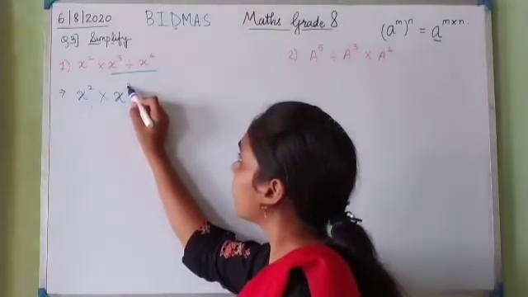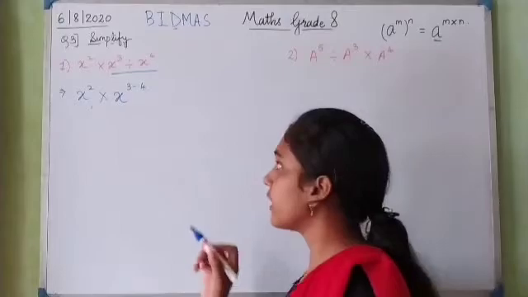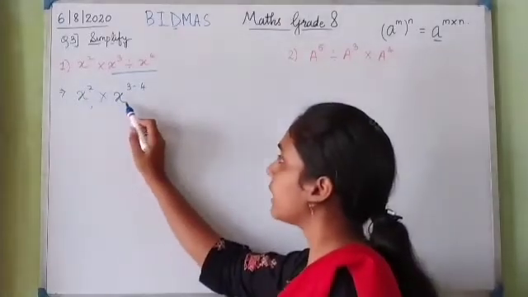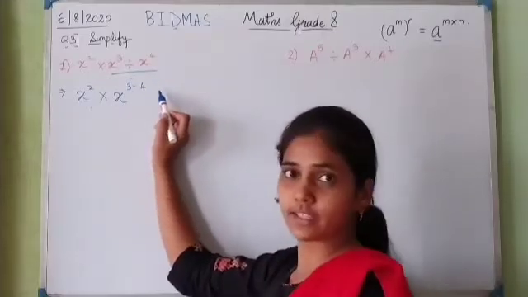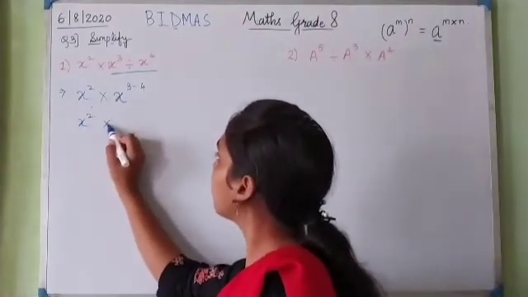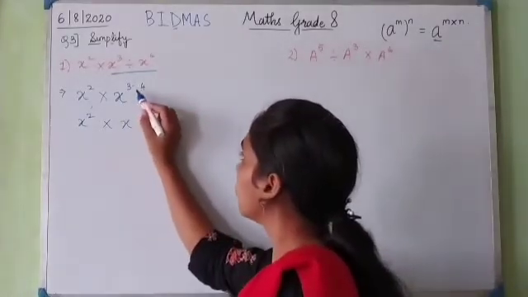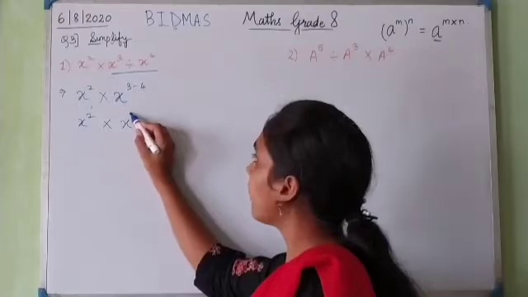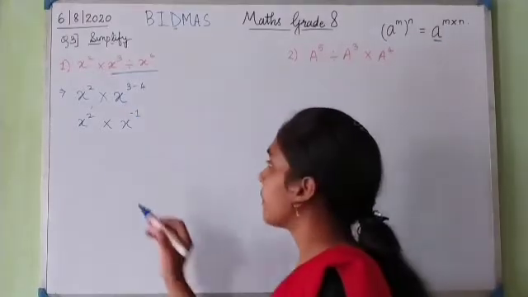We subtract their powers. So this is x raised to 2 multiplied by x raised to 3 minus 4. We subtract their powers. So now solve x raised to 3 minus 4 is how much? X raised to 3 minus 4 is minus 1. So this is x raised to minus 1.